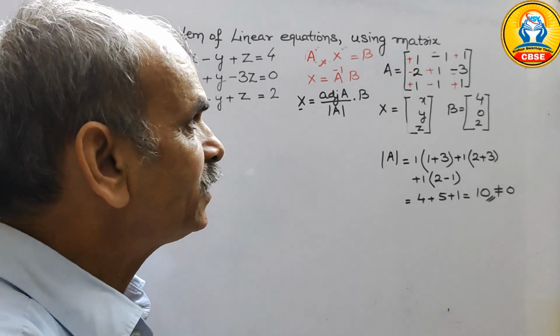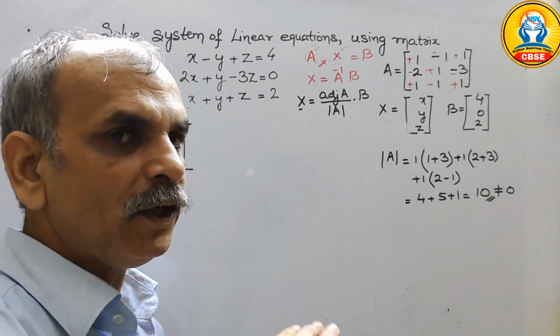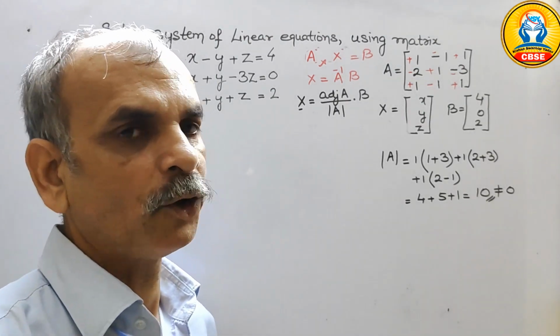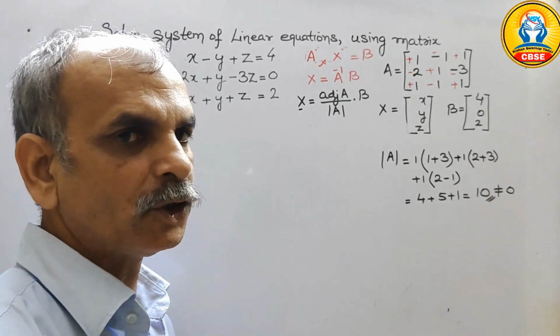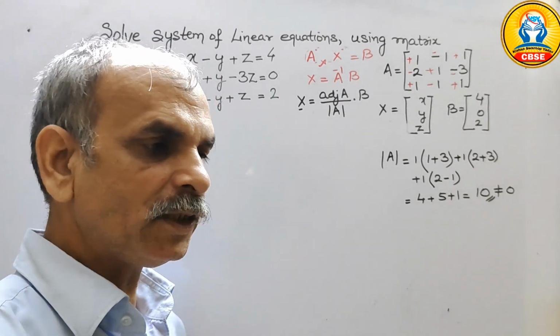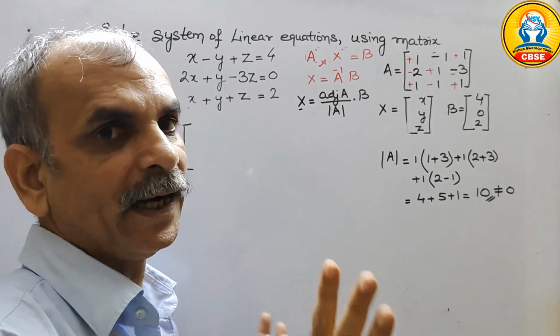If you write like this, it's very easy to understand. And we will not write the transpose. In transpose, to change into adjoint, we are just interchanging rows to columns and columns to rows. So directly we can write here.